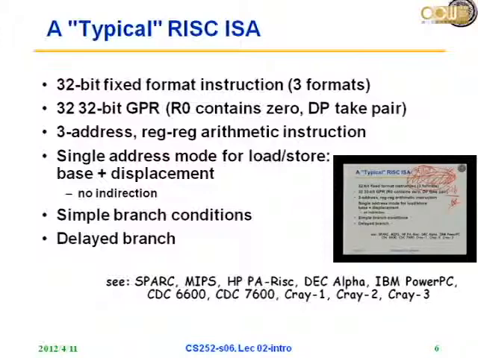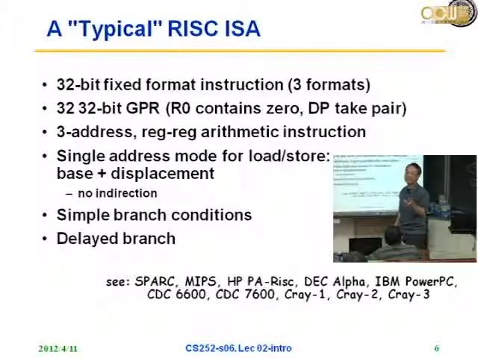Yes, just change the opcode. The indirection means the genuine address is hidden in the memory. You need to fetch it, and then you get the real address to fetch the real data. So format-wise, it's allowed. You can fit in 32 bits.